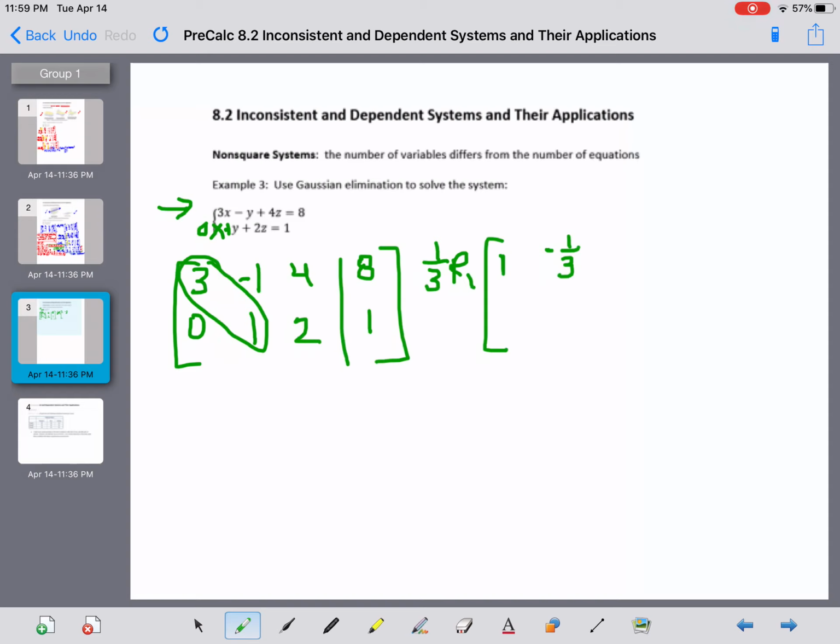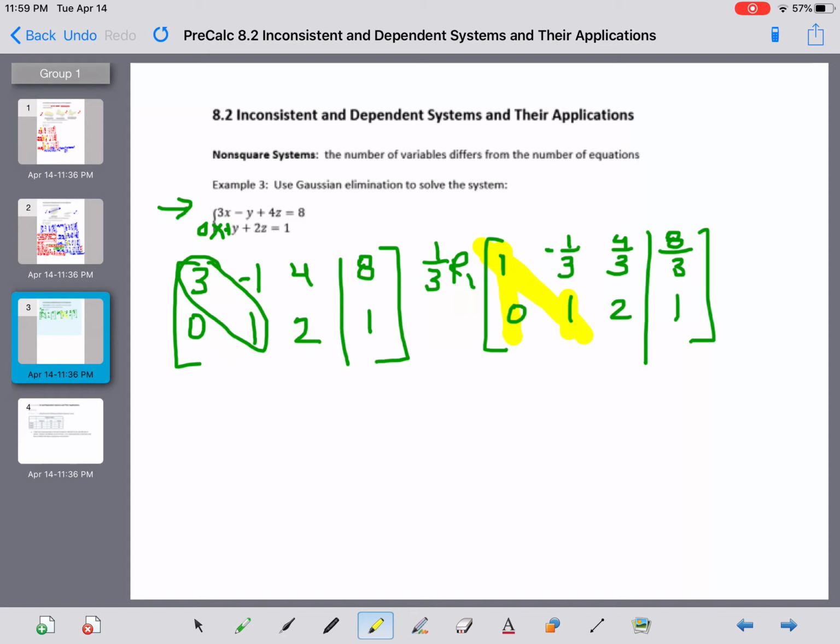Third element, 4 divided by 3, we're going to leave it 4/3. Again, no decimal. And on my constant, I'm going to leave it 8/3. My second row, I'm leaving the same. All right, and you can see in my first row, I have a 1 with a 0 underneath it. I like it. I already have a 1 in my second spot, so my diagonal has those 1s, which is what I really like. I'm good as far as doing what I can to solve my system.